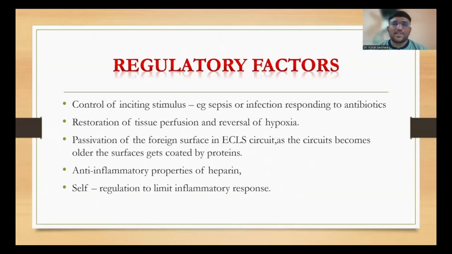Then passivation of the foreign surface, like the ECLS circuit. As the circuit becomes older, the surface gets coated by protein. Initially, the passivation is made by coating agents. There are two types of agents: biomimetic agents like albumin, heparin, and phosphoryl, and biopassive agents like nitric oxide surface coating, which reduce the foreign surface response.